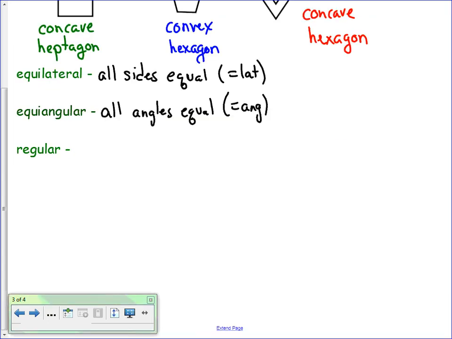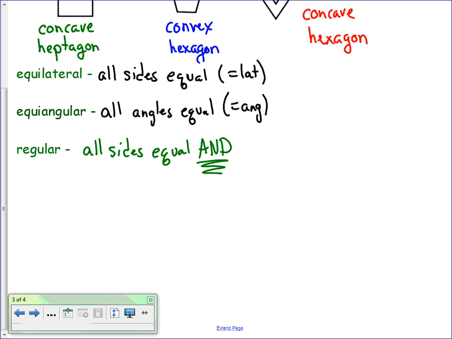And lastly, the term regular will mean all sides and angles are equal. So it has to be both. It can be equilateral without being equiangular.